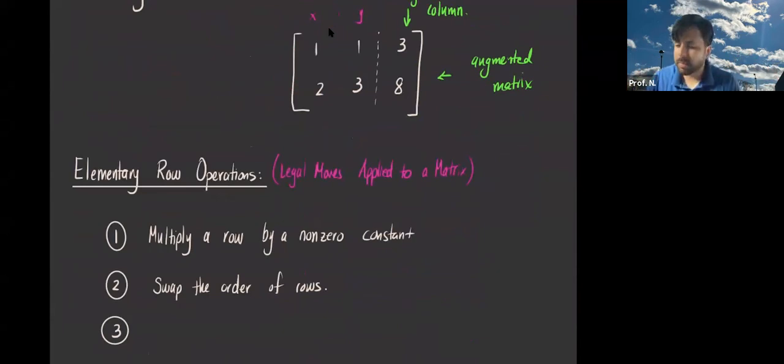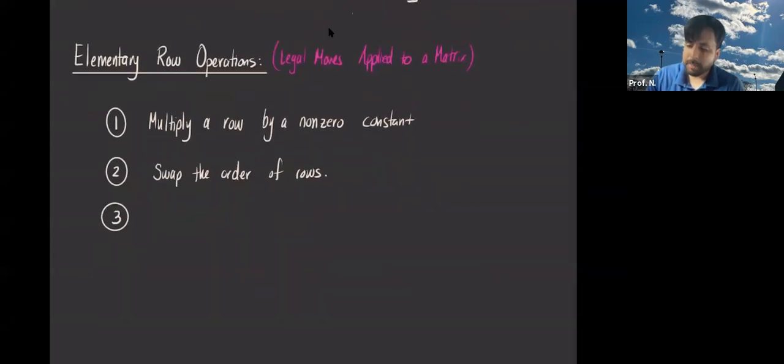That's the second thing. And now the third thing is very similar to the first one: you can add a constant times one row to another row. It's a little weird to write out in words.